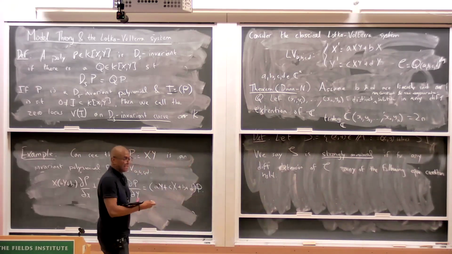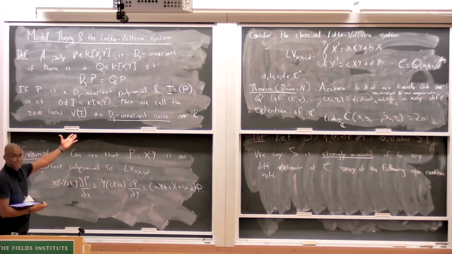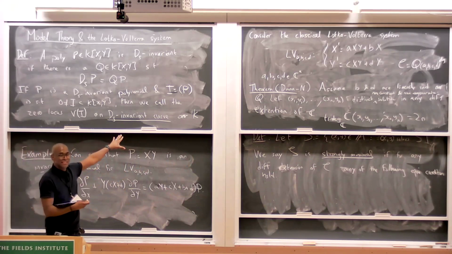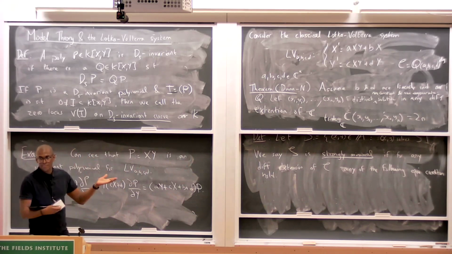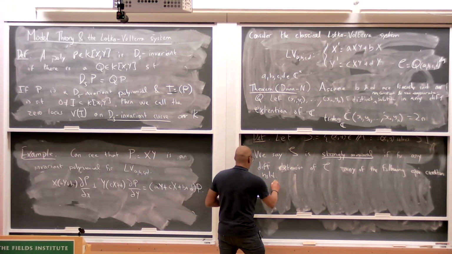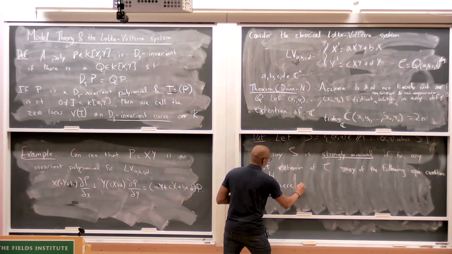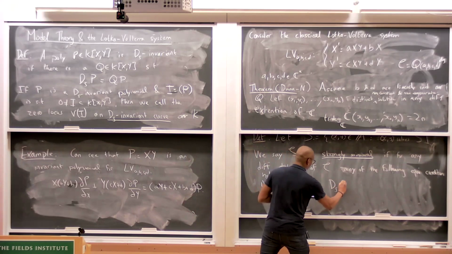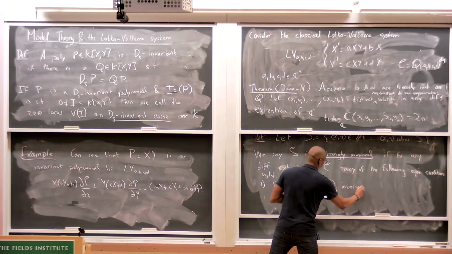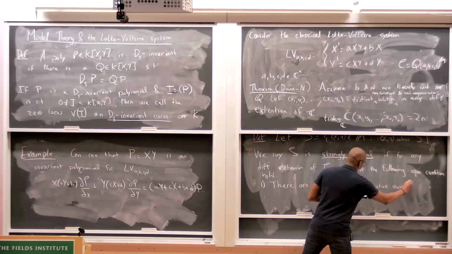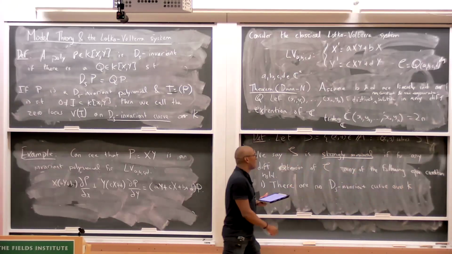The first one is to say exactly what you think: we can't find any DS invariant curve over K, right?